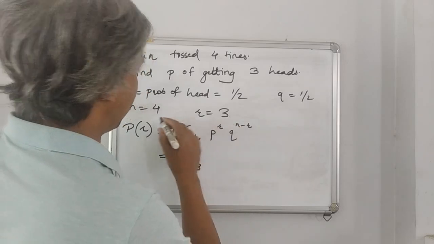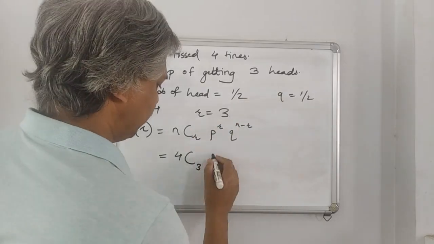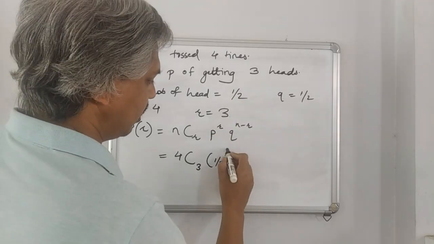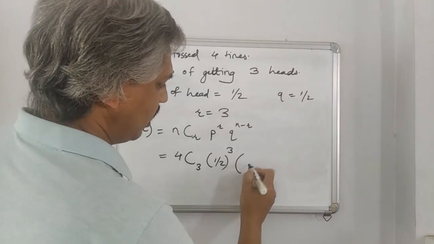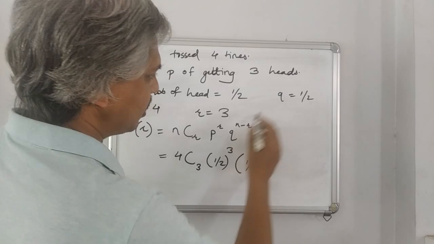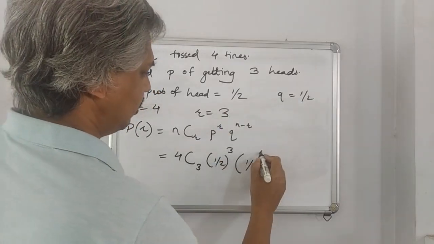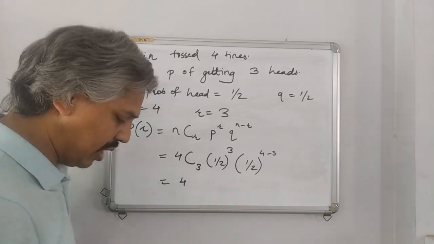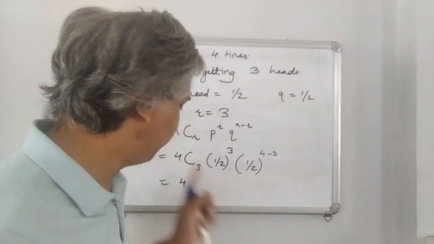Multiplied by P raised to R. What is P? P is half. Half raised to R, which is 3. Q is half again, raised to N minus R, 4 minus 3. 4C3 is 4. You can use your calculators and find the value of 4C3.